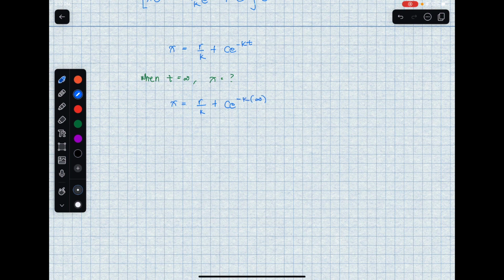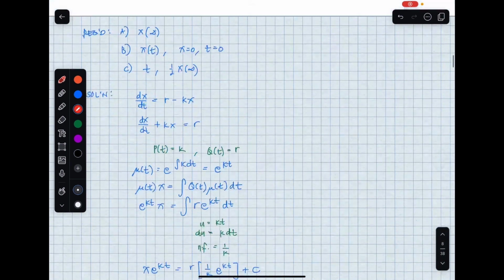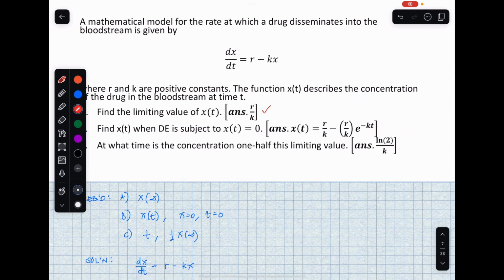So e raised to negative infinity approaches 0. Therefore, our limiting value for x is equivalent to r all over k. So x is r over k, as provided for the answer.